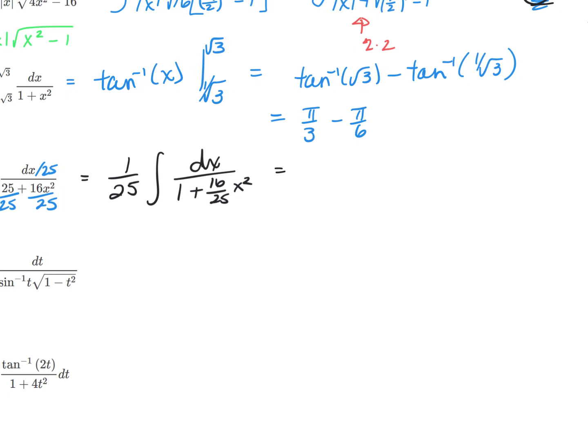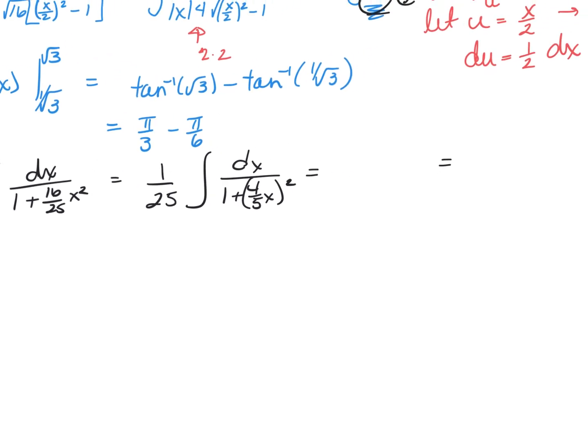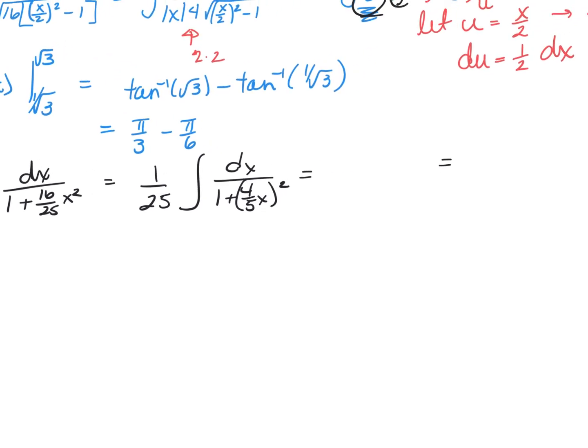Now I'm just going to rewrite this as 1 over 25, the integration of dx over 1 plus 4 over 5 x, the quantity squared. So I know this is, again, the tangent inverse, so it is 1 over 25, the tangent inverse of 4/5 x plus c.